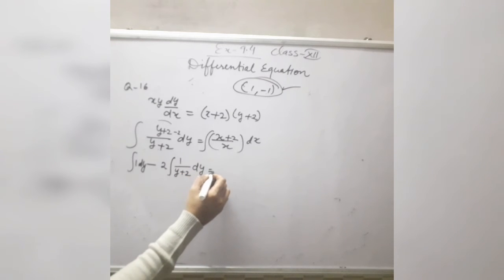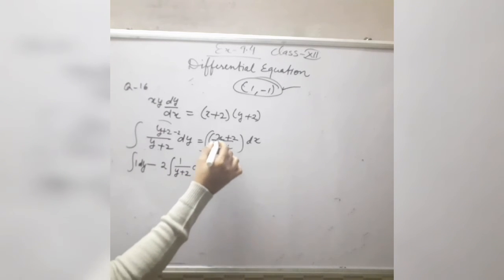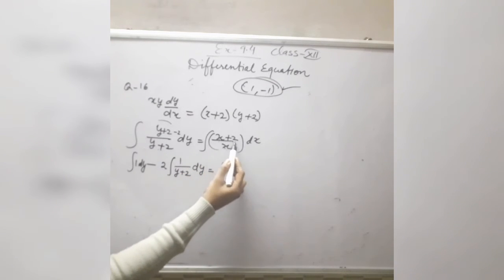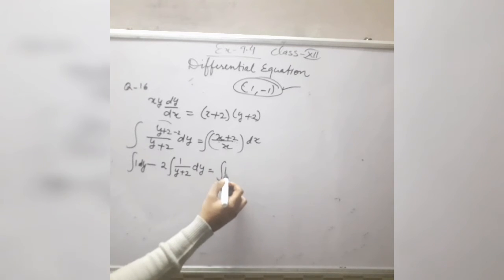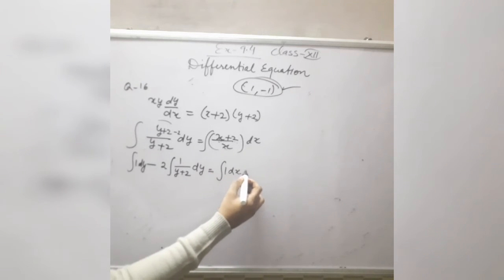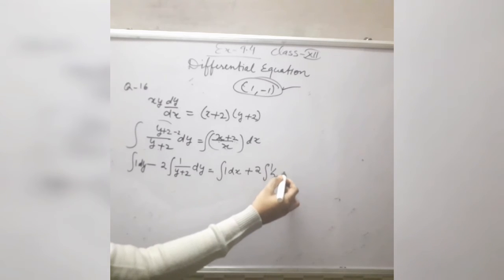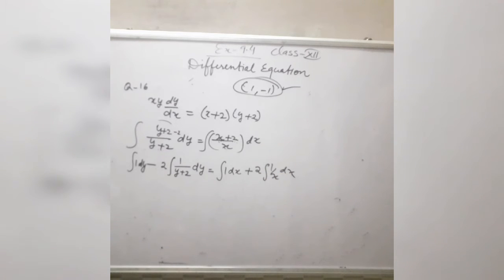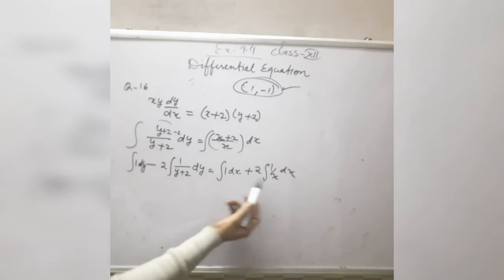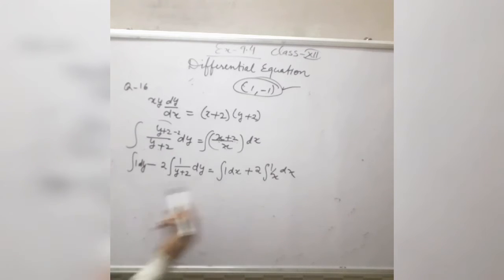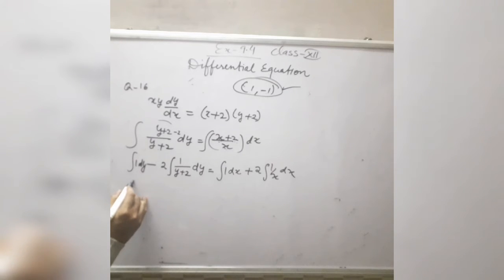This is equal to the integration of, taking x separately with these two terms, x by x becomes 1, plus 2 by x; taking 2 common outside, integration of 1 by x dx. All these terms are very simple, and we can easily find the integration of all of them.